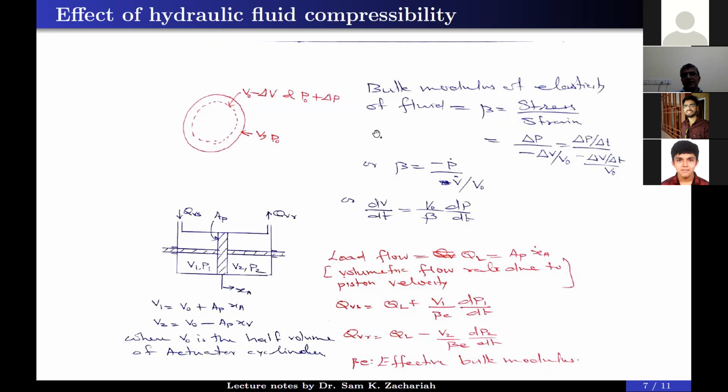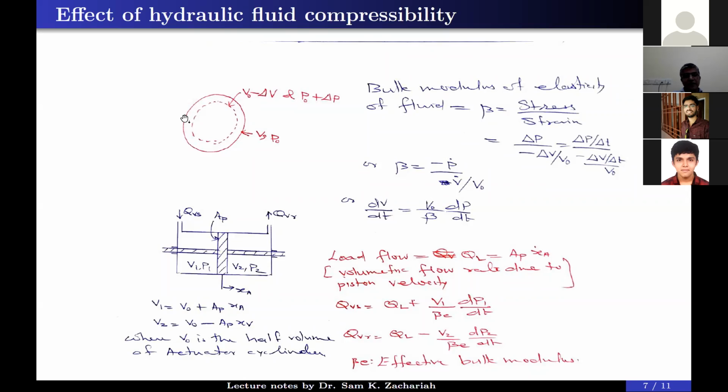As in any compressibility case, we consider the modulus of elasticity. Here it is a volumetric compression, where the stress is pressure and the strain is the incremental volume with respect to a given volume. So we define the modulus of elasticity in terms of volumetric compression. That's called the bulk modulus of elasticity of the fluid. It is represented by beta equal to stress by strain, where stress is delta P and strain is equal to minus delta V by V naught.